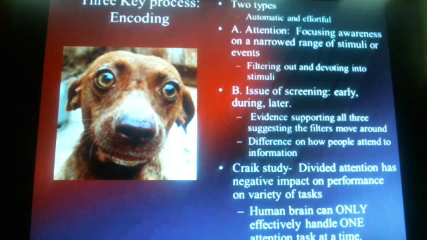So let's talk about the first of the 3 processes, and that is getting the information in, focusing. It's called encoding. There's 2 types of encoding. One is automatic, the other is effortful. The automatic one, simple, no problem. Most of you guys, if you're dealing with sports or if you're dealing with life, you do automatic encoding all the time. That's where you don't even have to concentrate to remember something.